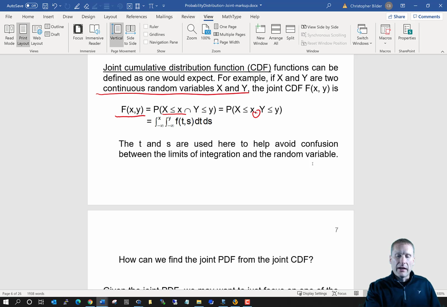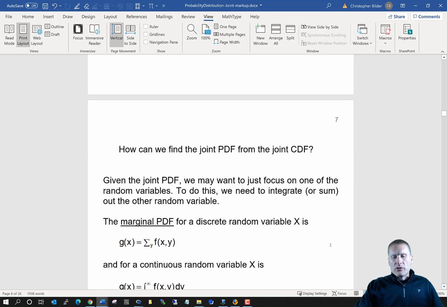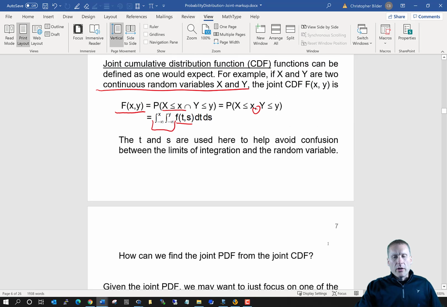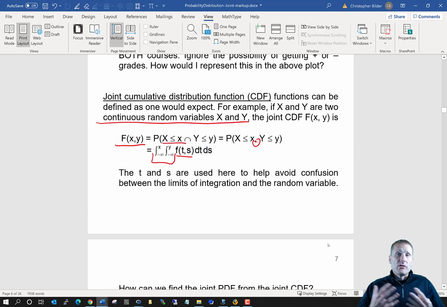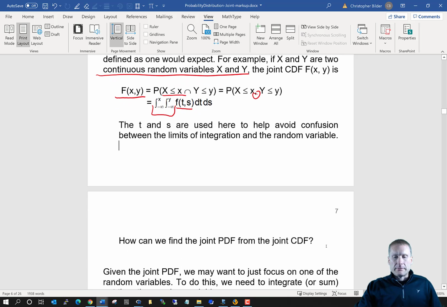How do I find that? Again, I use integration. Integrate from negative infinity to x, and also integrate from negative infinity to y. And I'm going to integrate f of t, s, dt ds, where I've simply replaced x and y by t and s to avoid confusion between the limits of integration and what we're integrating over. With respect to a discrete random variable, all you would do is simply do sums.